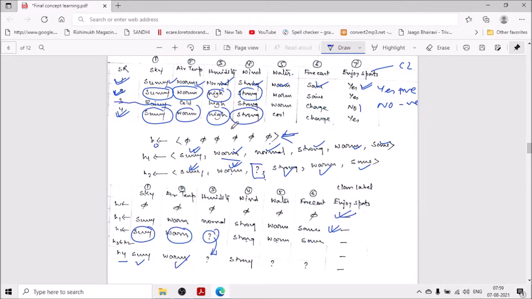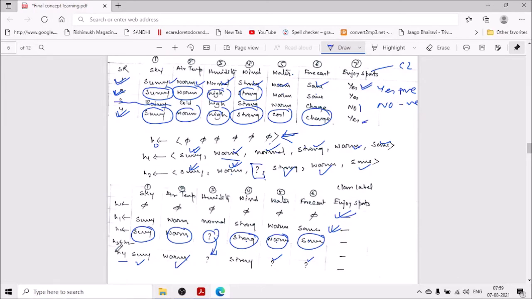Next it is strong and strong, keep as it is. Here it is cool and warm. Now it's different, so use the most general notation, that is question mark. Change and same, it's different, so we use question mark. Now the end of this particular data.